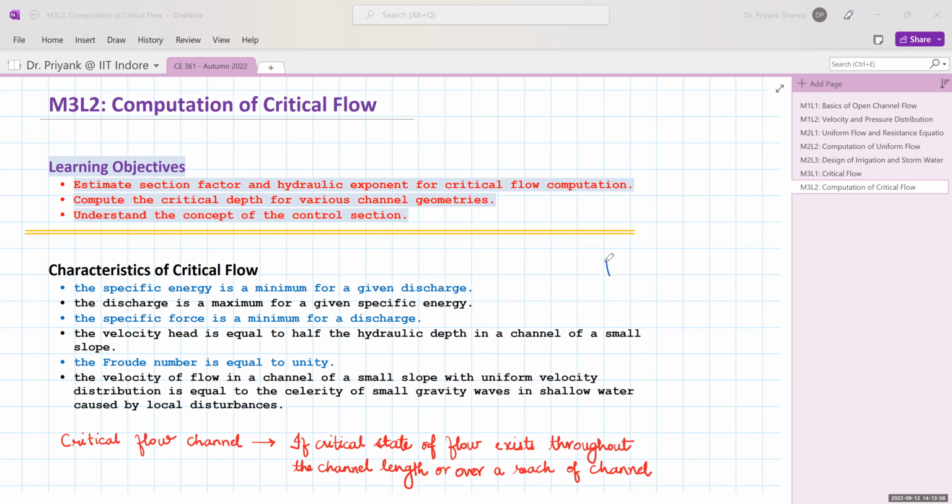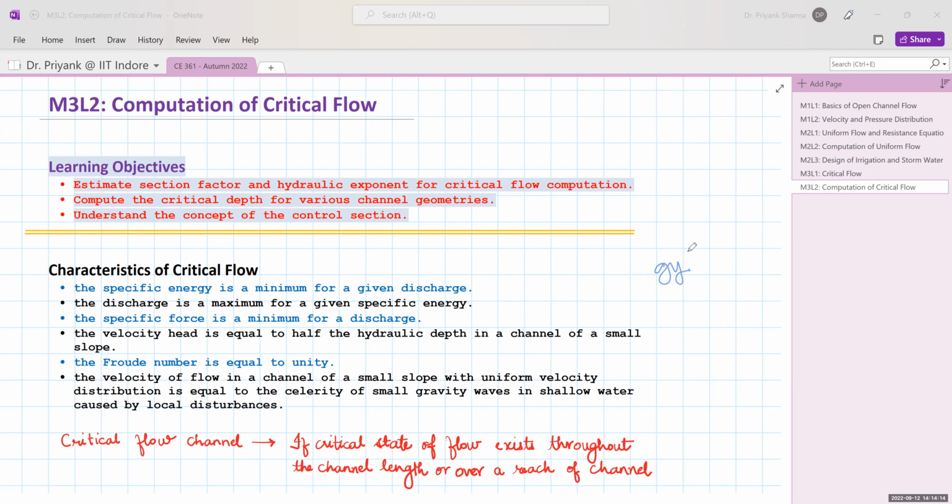So basically F is equal to 1, so V upon root gy is equal to 1, so V is equal to root gy.